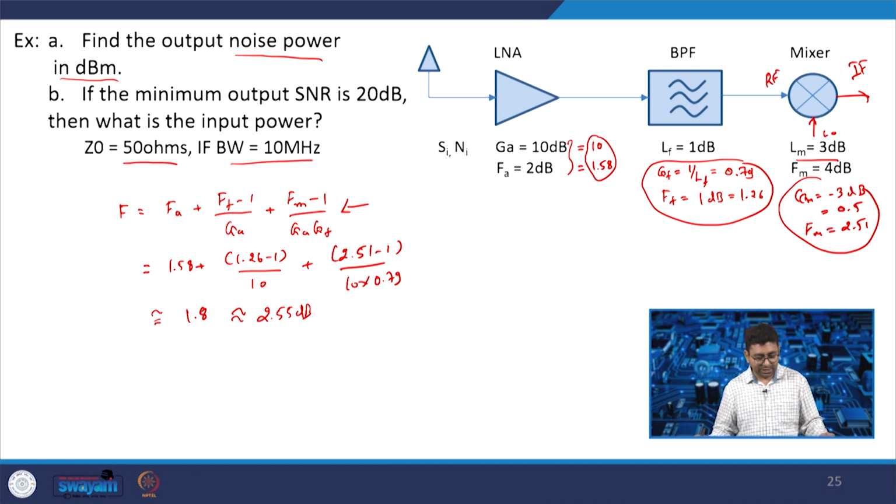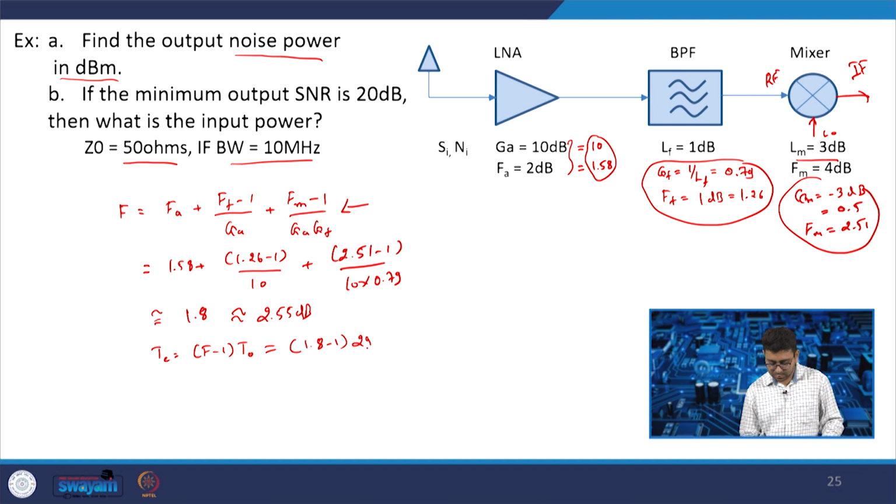Now, in this example what is asked is to find the output noise power in dBm. So, first you should convert this into the temperature. You can easily convert: TE equals F minus 1 times T naught, which, if T naught is 290, is 1.8 minus 1, times 290, and it will come to roughly 232 K. And what is the gain of the complete system?